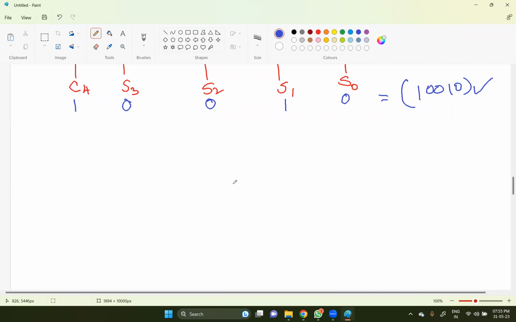For example, if you are supposed to perform this operation, let me take one particular case here. The minuend will be equal to 10110. The subtrahend will be equal to 01101. So this is the subtrahend, and you must subtract it from the minuend.